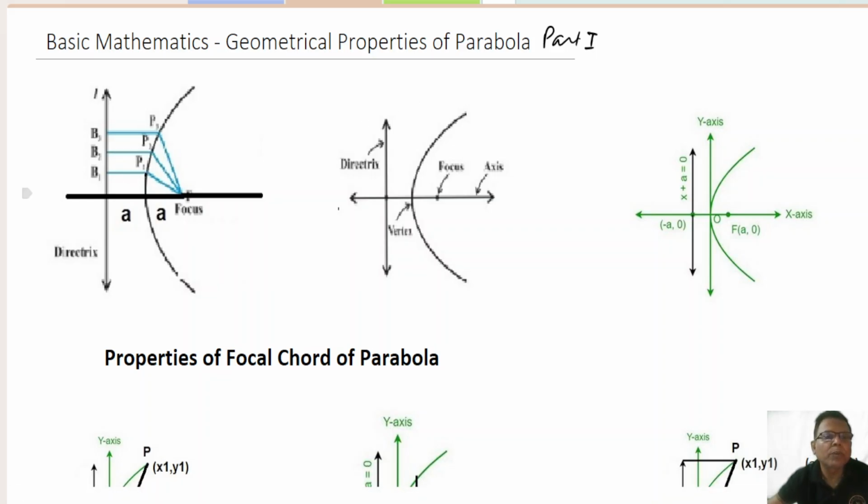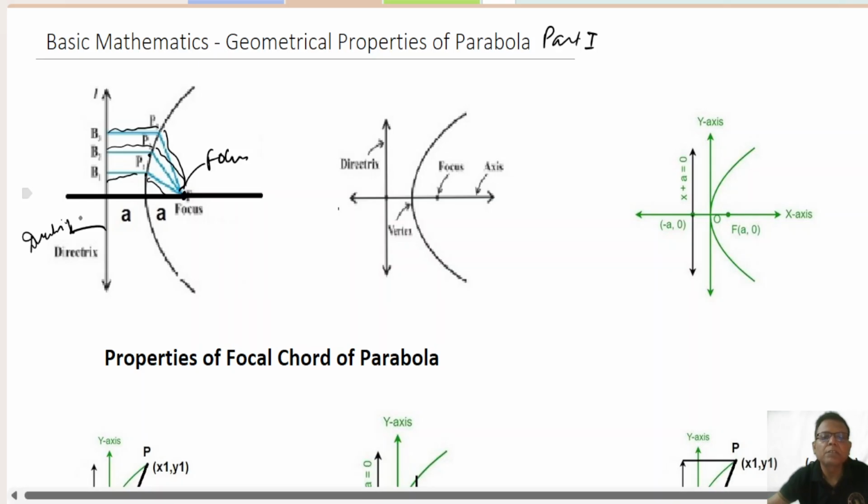Today we'll discuss the geometrical properties of parabola. This is part 1. So what is the parabola? Parabola is the locus of a point which keeps equal distance. This distance and this distance will be the same for all the points. The fixed point is called the focus, and the fixed line is called the directrix.